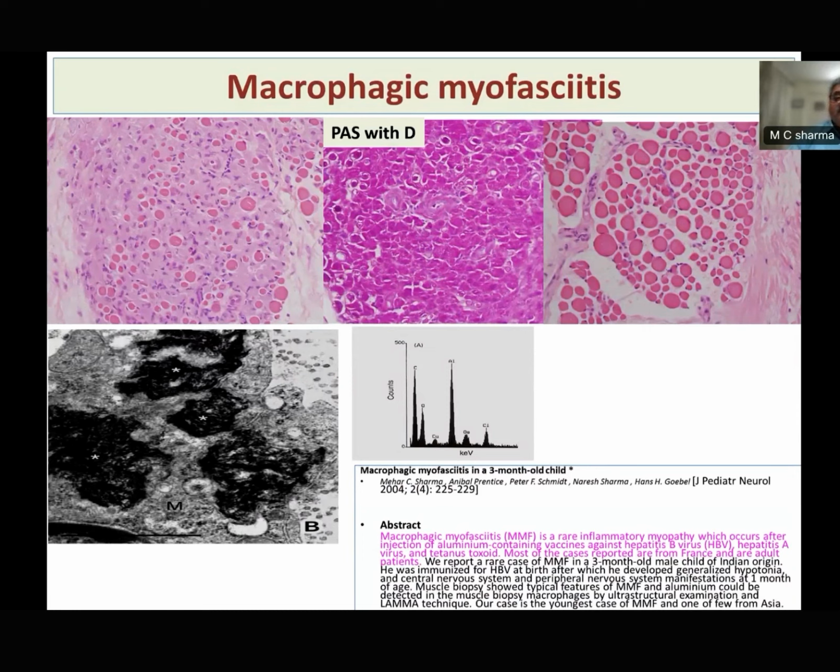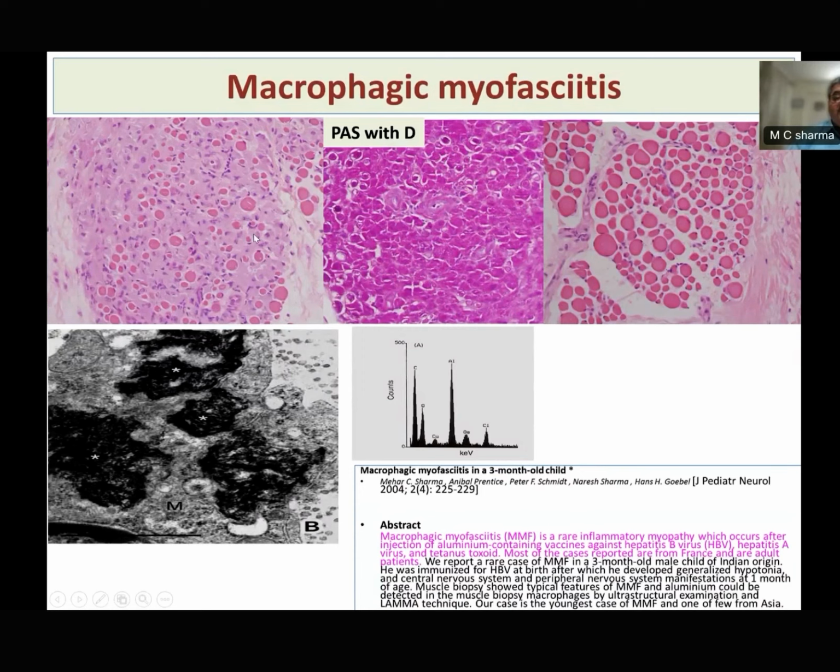immune-mediated myositis. Now there's another group which occurs in very young children, but actually it is macrophagic myositis. The story of this disease begins when French soldiers were sent to Kuwait in the 90s during the invasion.